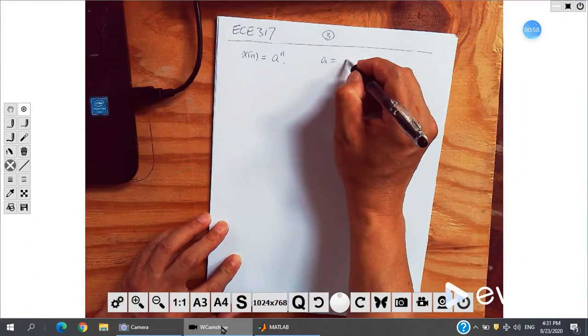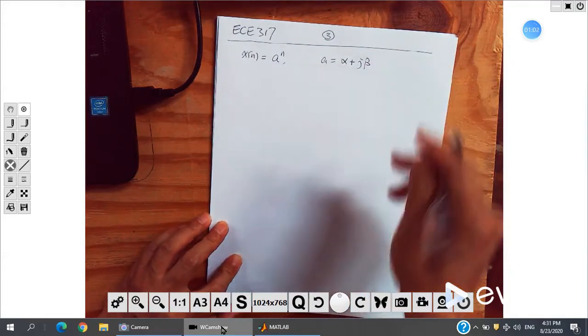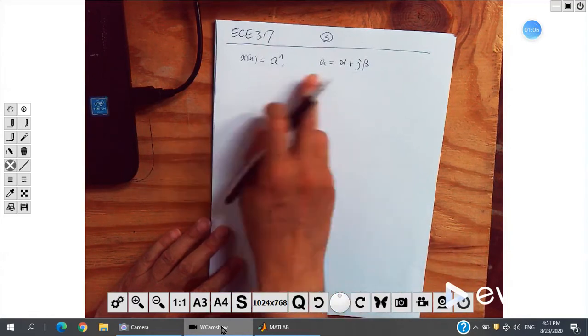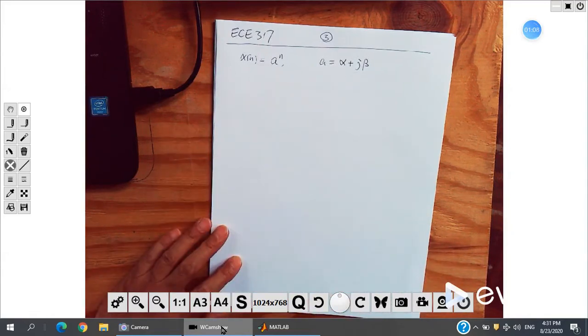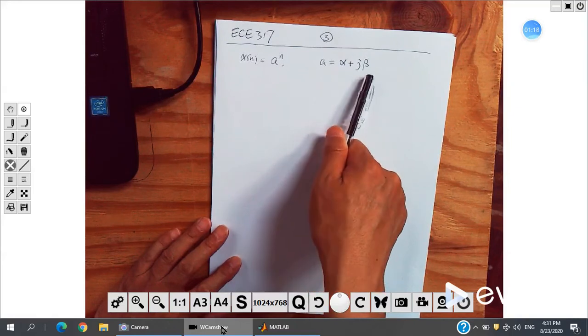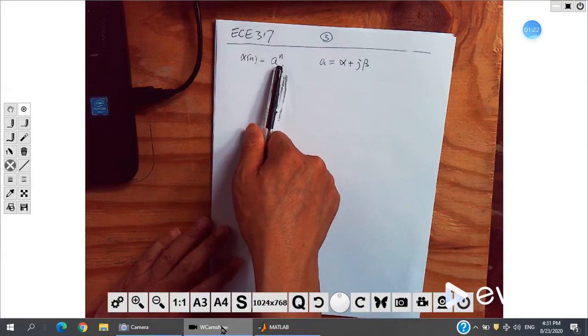Like I say, it's alpha plus j times beta. Now what will be the power of a? You understand, right? If you do multiplication with complex numbers, that will be somehow complex. You have a real part, you have an imaginary part, and if the power goes up, that will be more complex.